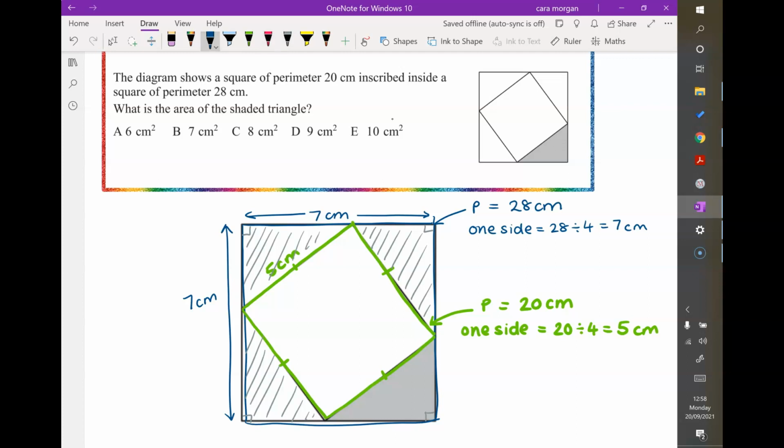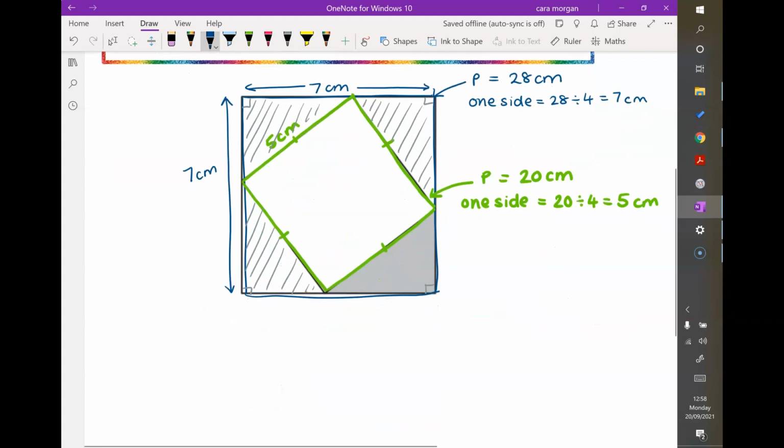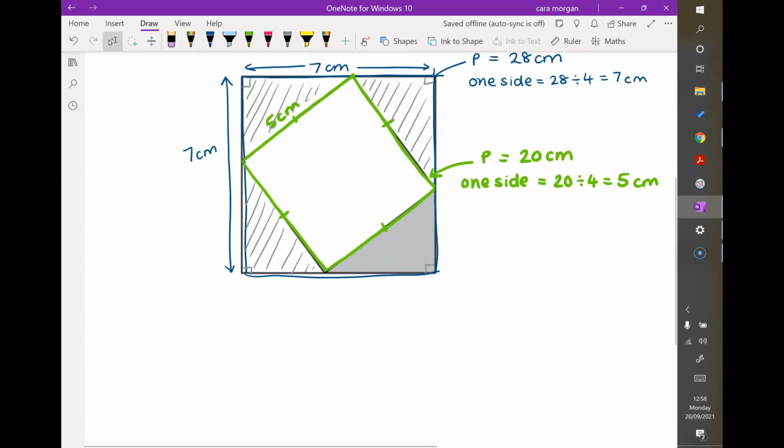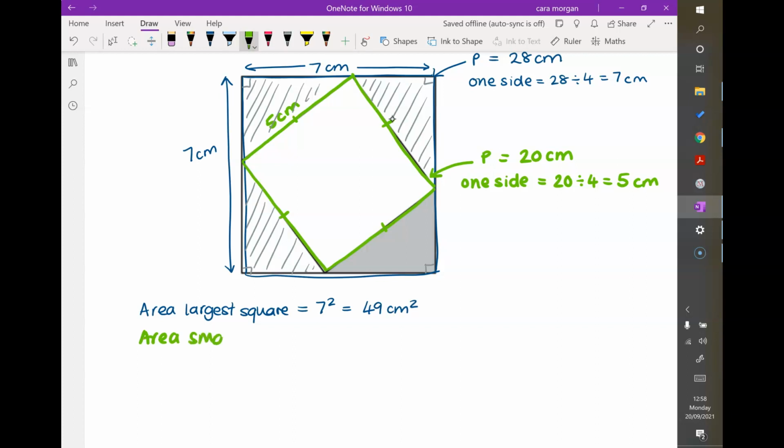Now, one thing that I notice is that I could find the total shaded area, and I'm going to do that by finding, first of all, the area of the largest square that I can see, which is 7 squared, which is 49 centimetres squared. I know that I can do the area of the smaller square, which is 5 squared, which is going to be 25 centimetres squared.